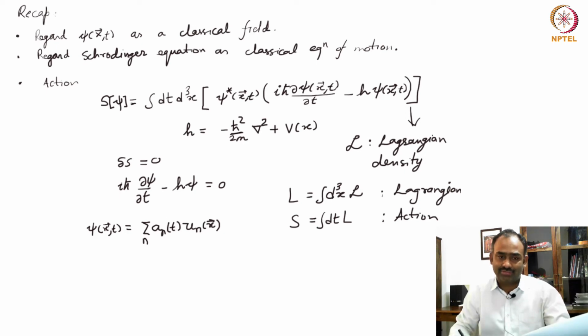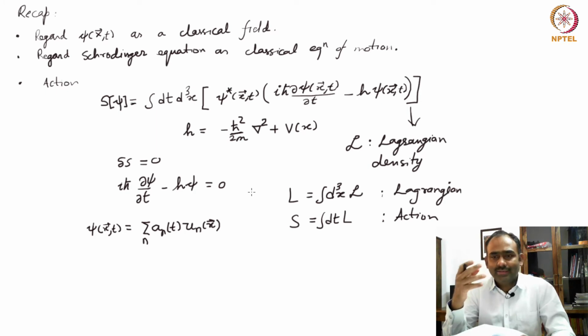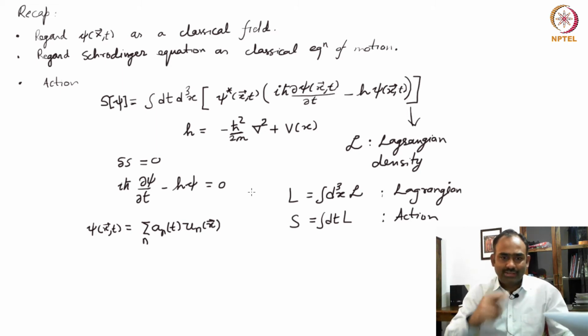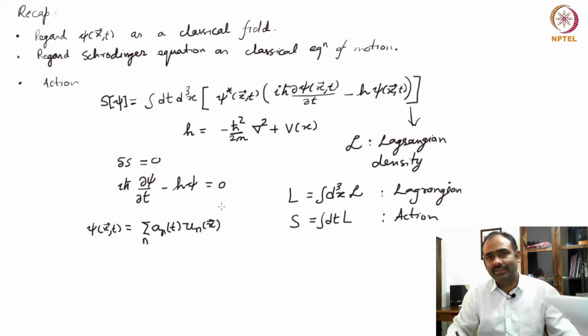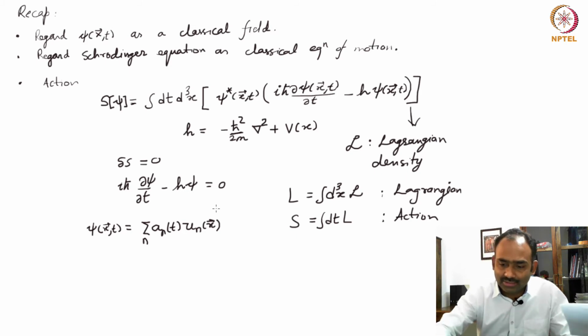You have to specify an infinite number of a's to specify psi. We also said that the a's are the generalized coordinates that describe this system, the dynamical variables of your problem. So I would like to write down my Lagrangian, action, Hamiltonian, everything in terms of these a's. I will use this decomposition of psi and express everything in terms of the dynamical variables a.